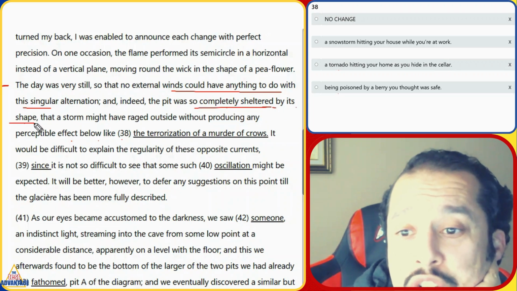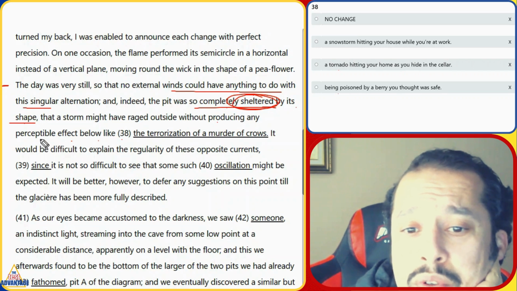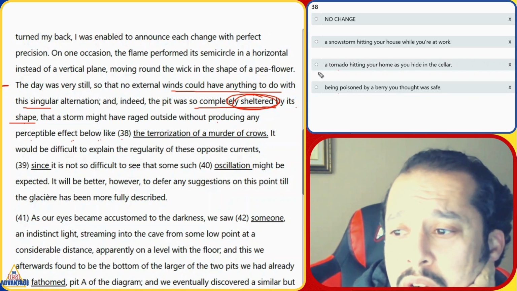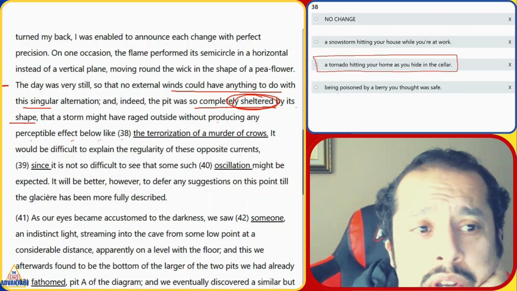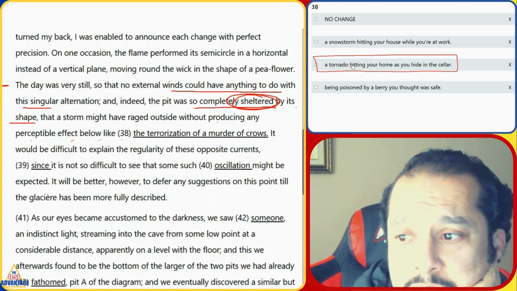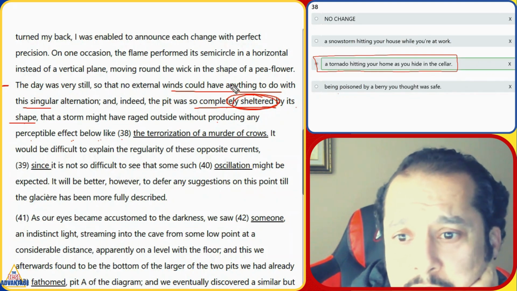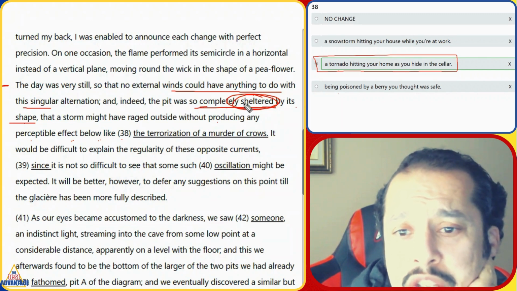Okay, so sheltered. We're talking about shelter. That storm might have raged outside without producing any effect below, like a tornado hitting your home as you hide in your cellar. Here it's indicating that you're safe, right? You're safe. You're above and below. Also here, right? The pit was completely sheltered in its shape.